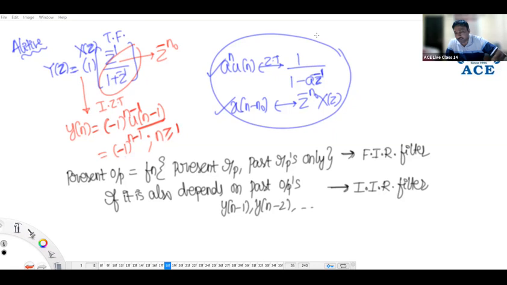Normally in ESC, this type of funny question is also asked: which of the following expressions corresponds to IIR? Then what you have to observe is whether the present output depends on past output or not. An FIR filter has no feedback and is non-recursive. An IIR filter can be implemented both ways, recursively and non-recursively.